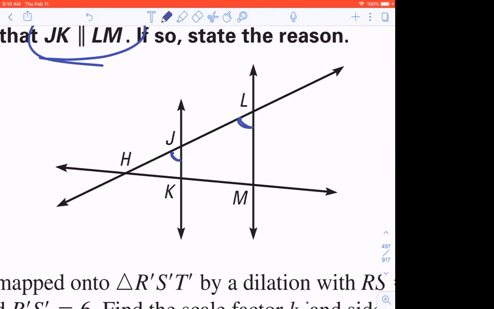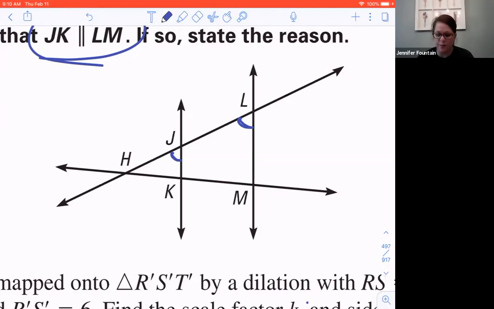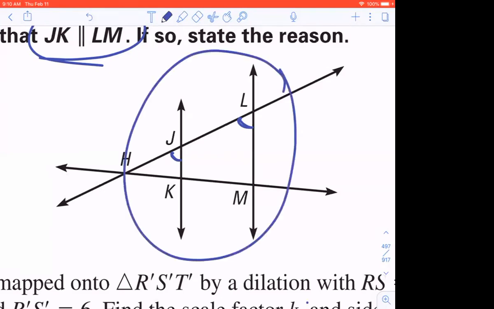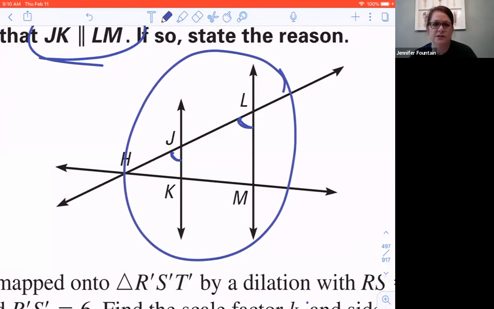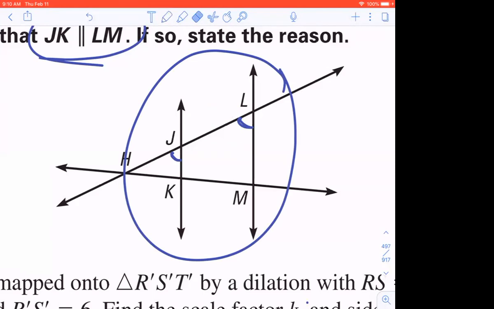Consecutive interior angles. Okay, so remember, I'm comparing my parallel lines. Interior would mean they would both have to be inside between my parallel lines. Nope. So it's not consecutive interior.